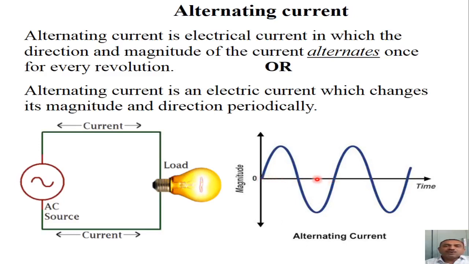It means that for a 50 Hz frequency, which is present in India, we have the positive half cycle for 10 milliseconds. Immediately after that we have the negative half cycle for 10 milliseconds. It means that alternating current is continuously changing its magnitude and direction, and this property makes it more useful as compared to the direct current.